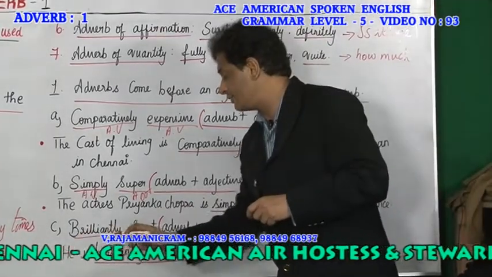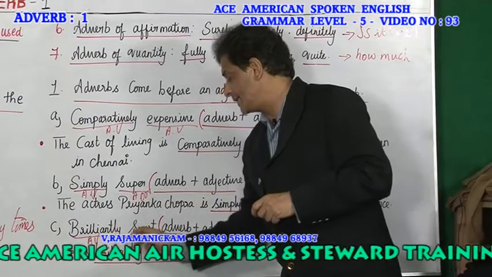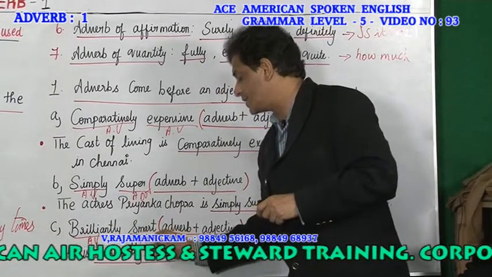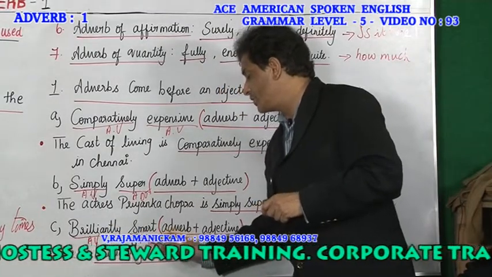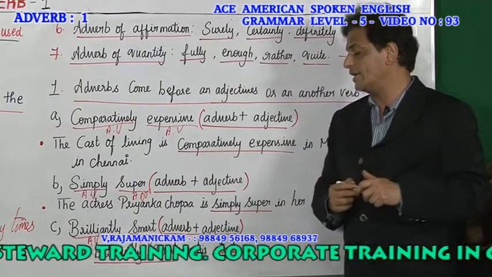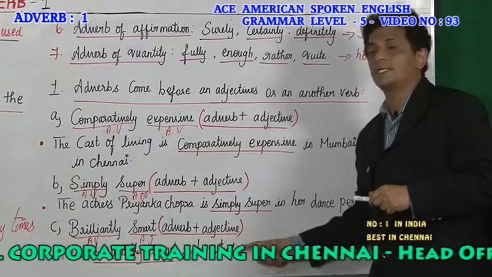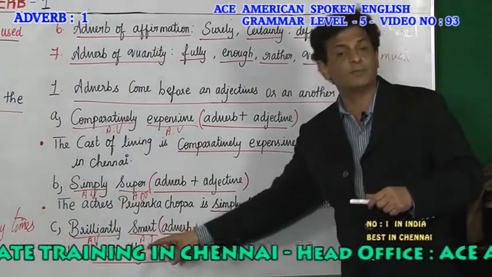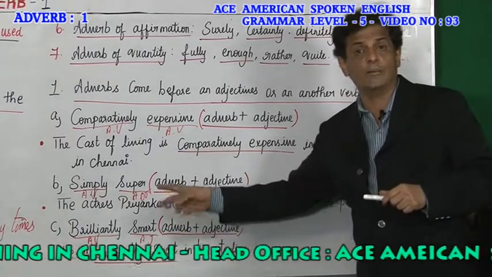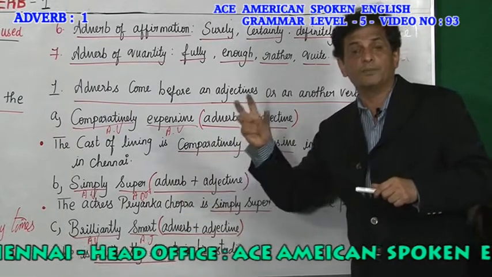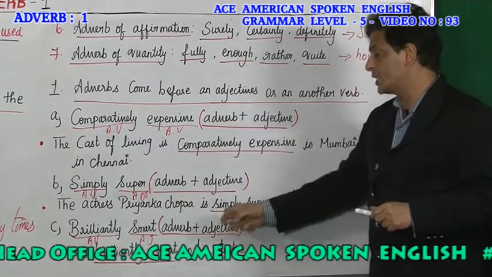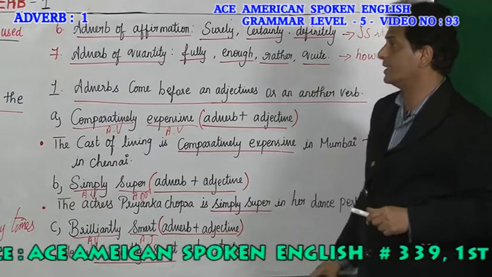So brilliantly is an adverb, and smart, smarter, is an adjective. So brilliantly smart, one adverb comes before an adjective. Here, he is brilliantly smart in his studies. So this adverb comes before the adjective. So adverb should come before the adjective and make sense of the sentence.